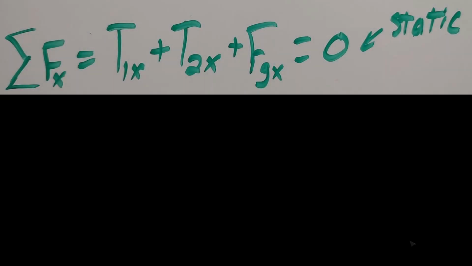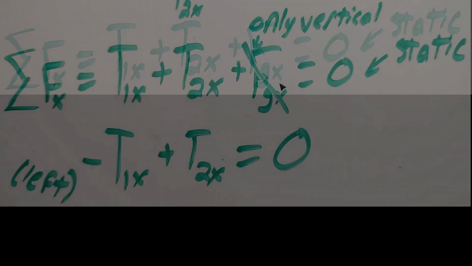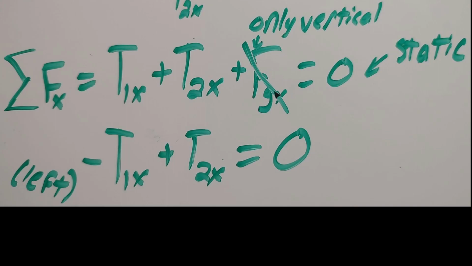So now that we have these x direction forces, we can use the net force equation to show that they're equal to each other. So T1x plus T2x plus Fgx, which you won't really see very often because it cancels, right? This just becomes 0 because it's only vertical.